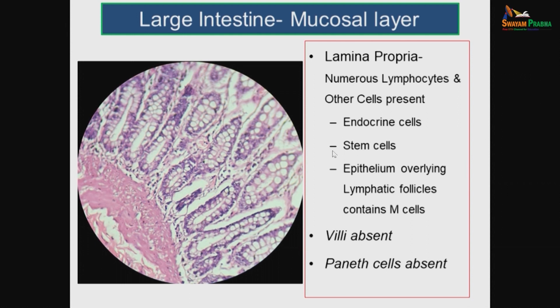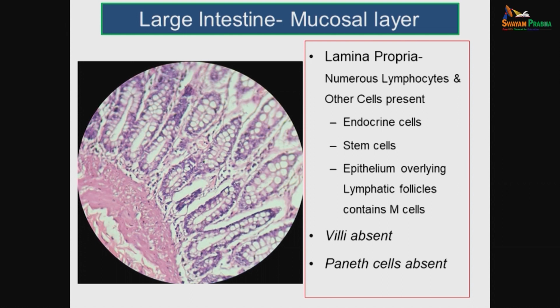So, the lymphatic follicles which are present in the large intestine are almost the same as in the ileum. They also contain M cells and their function is to phagocytize the microorganisms. In fact, they are called GALT, gut associated lymphoid tissue.